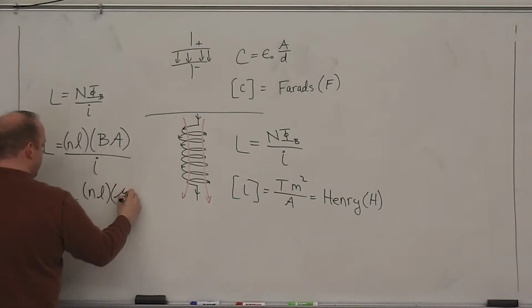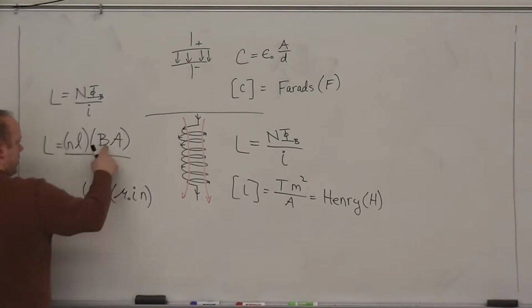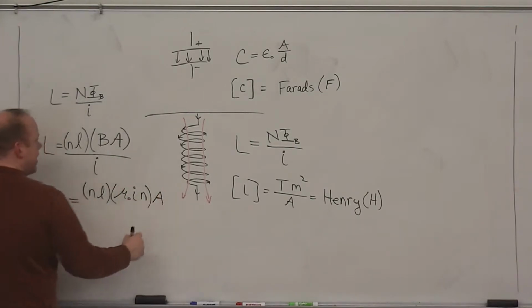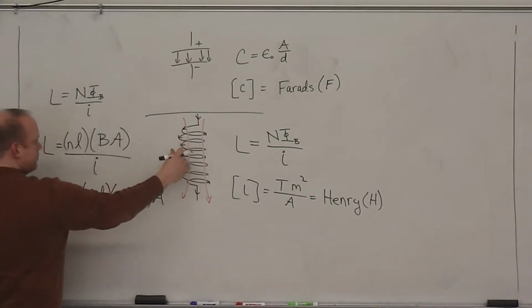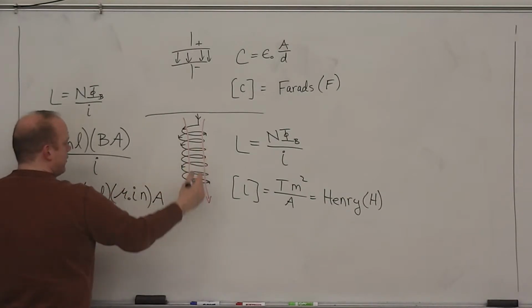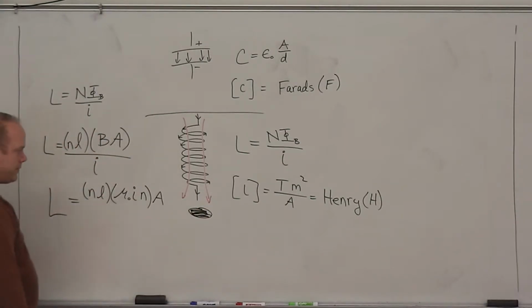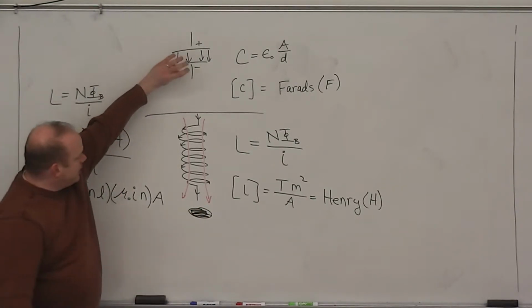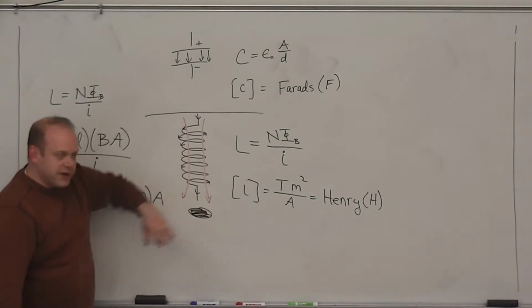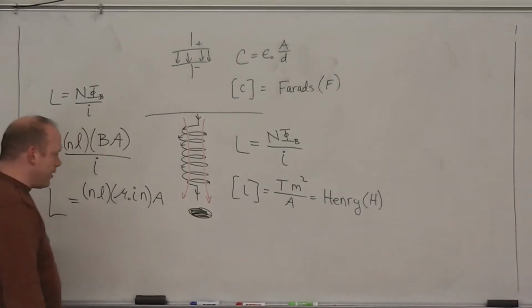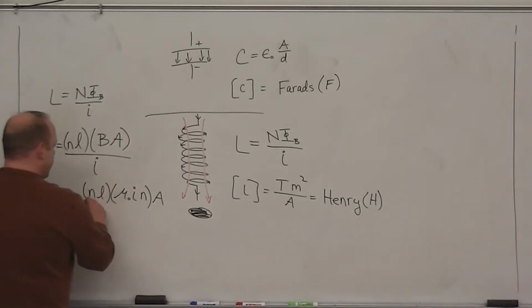Magnetic field was mu naught I times little n. That's B times the area. Now the area, by the way, is the cross-sectional area here. So you could think of it, if that's really a true coil, like the area of the shadow of the circle if you had a light bulb up here, divided by I.